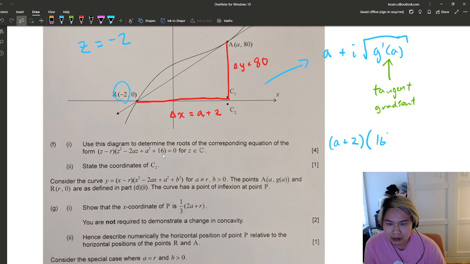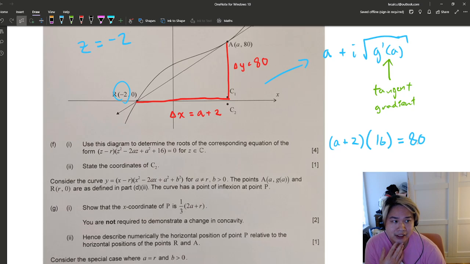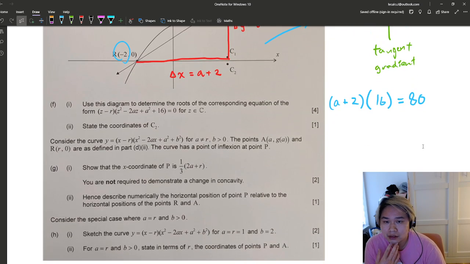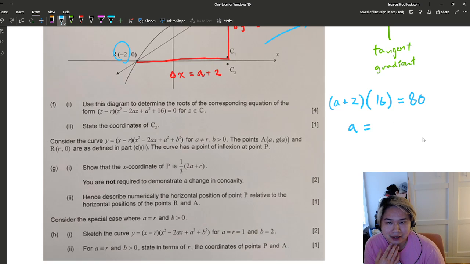This is 16. This needs to be 80. Right? I plug in a, I should get 80, the y value 80. So a is, what's 80 divided by 16? That's not a nice number, is it? Oh, it is. 5. So a is 3.